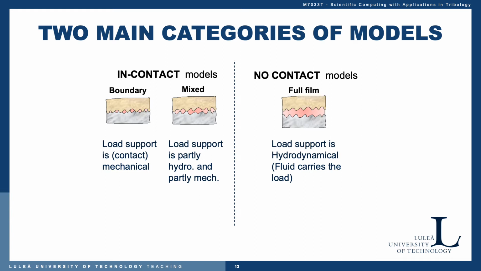When we approach contact, we have a little bit of subcategories, because we differentiate between what is mixed lubrication and what is boundary lubrication. With mixed lubrication, we mean that the load support is partly due to the hydrodynamic action, separating surfaces a little bit from each other, but still there will be direct contact and load will be supported partly by mechanical action.